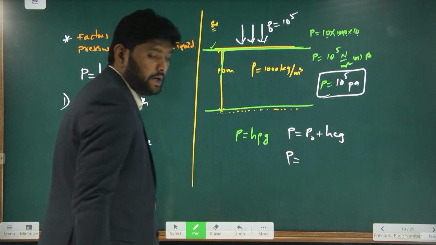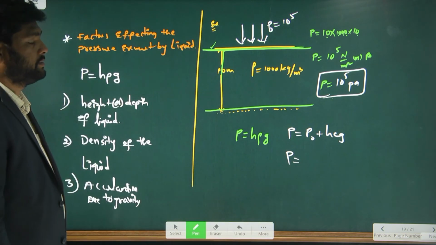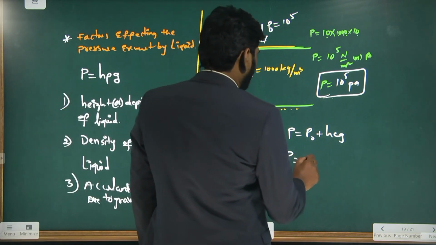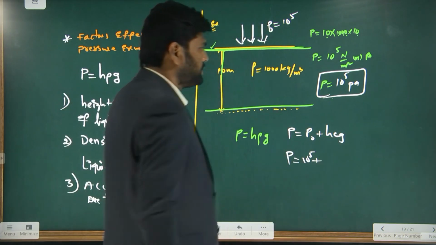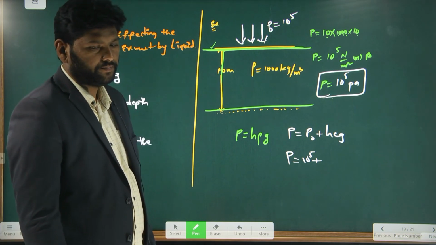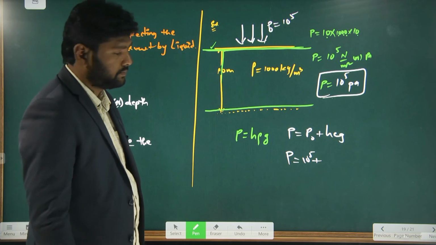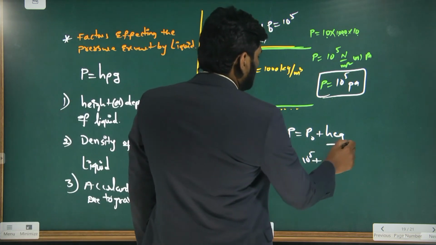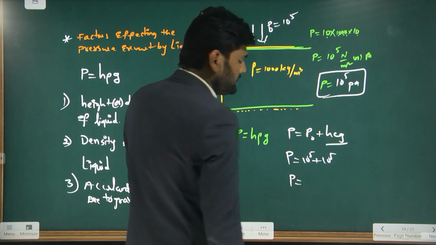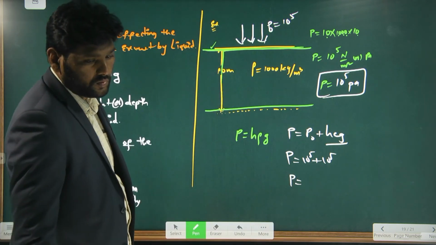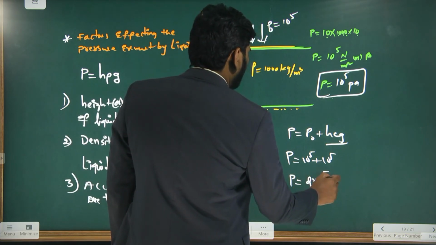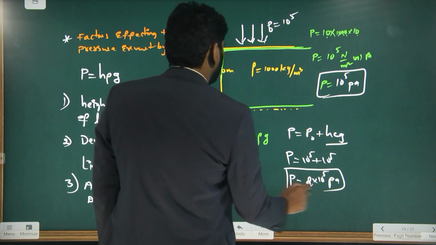P naught value is already mentioned, 10 power 5, plus H rho g value, which is also 10 power 5. Totally how many 10 power 5s? So 2 into 10 power 5 pascal is your answer.